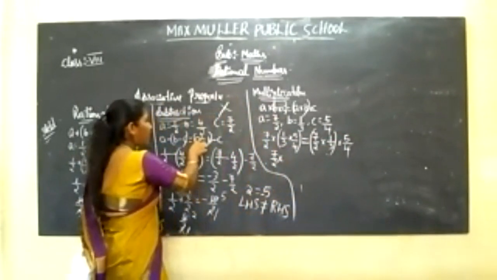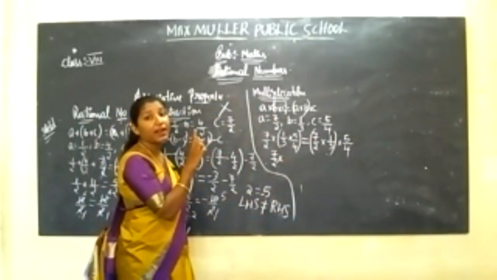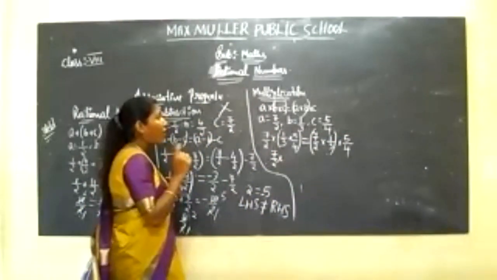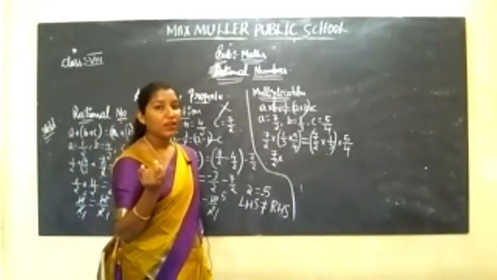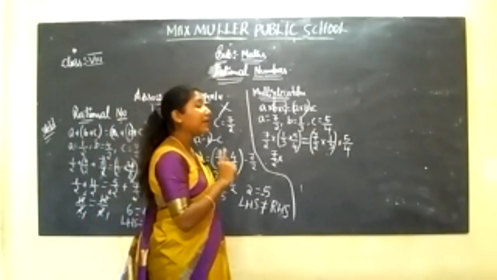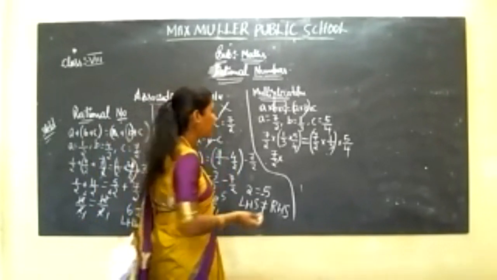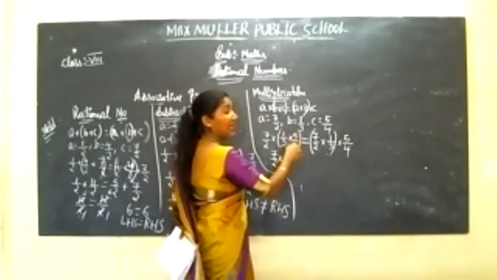Whether it is having a different denominator, you have to take the LCM for what? Subtraction, addition, and for those two things. For multiplication, what you can do here is, you can directly multiply the things or you can cancel the terms.